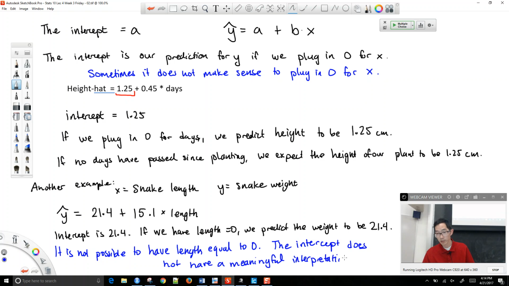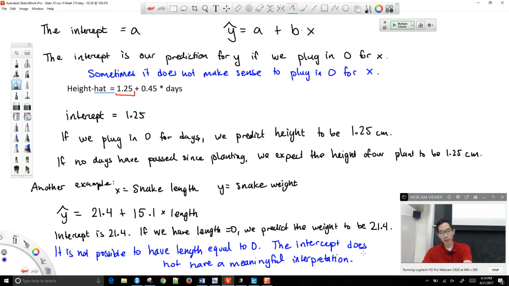So in certain cases, the intercept does have a meaningful interpretation. In other cases, it does not. Let me talk a little bit more about some of the conceptual ideas behind linear regression.